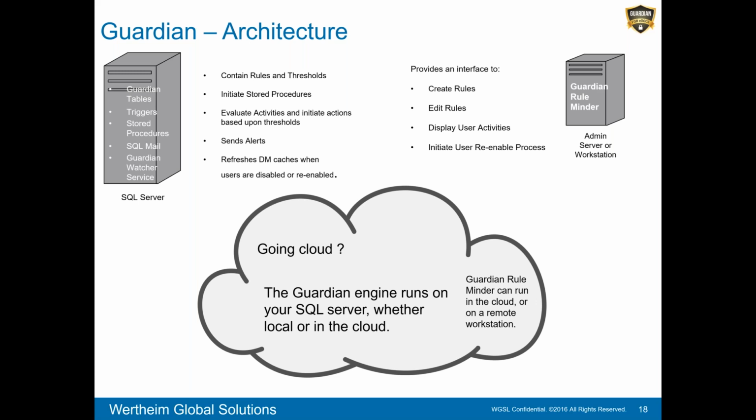We monitor and maintain what people are doing that are accessing your eDOCS repository by putting everything on the SQL server. So the tables are there. We have a couple of triggers, a couple of stored procedures, the mail client, and a service called Guardian Watcher. And then we have the rule minder, which is the admin console, which basically allows you to, as you saw previously, monitor what people are doing, set up your rules, and re-enable users when the time comes if it's appropriate.